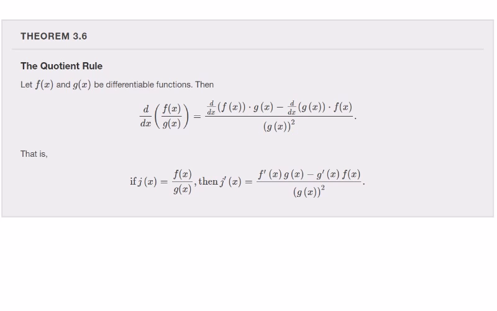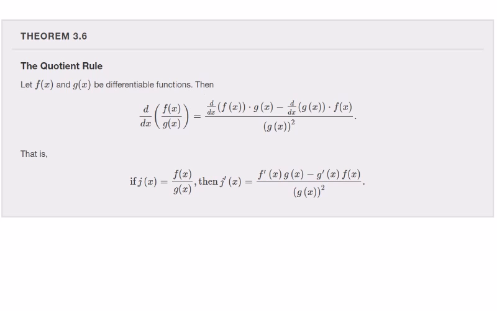So let's look at it this way in terms of prime. It's maybe a little easier to digest here. If we take f prime g minus g prime f, right?